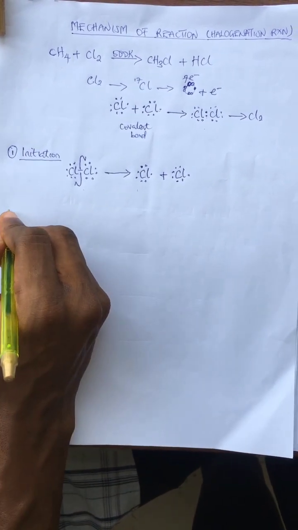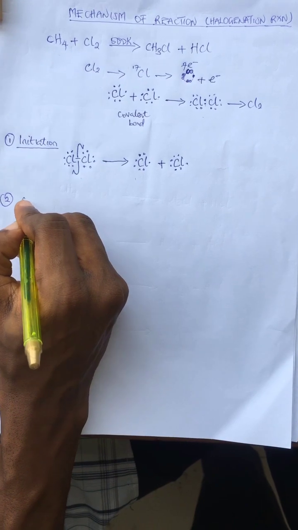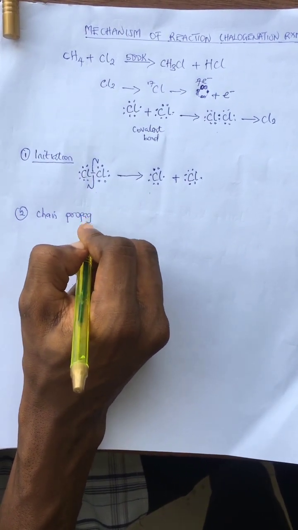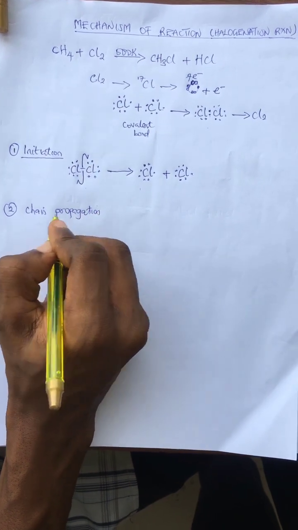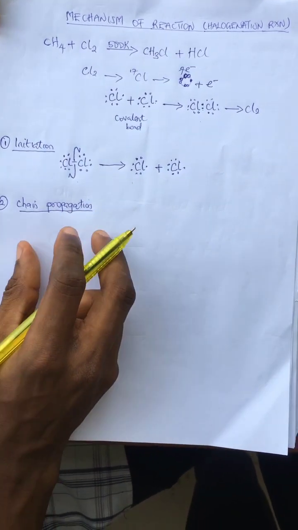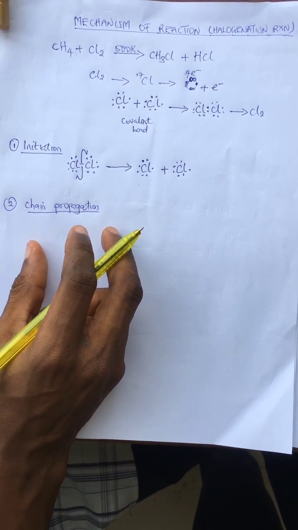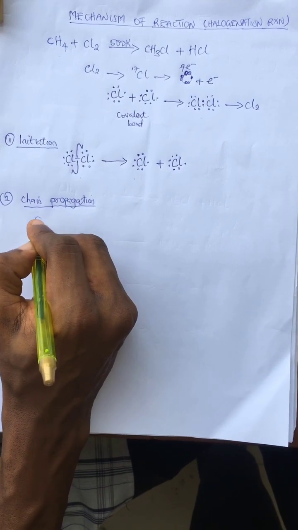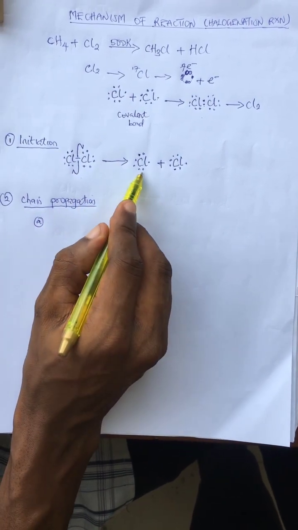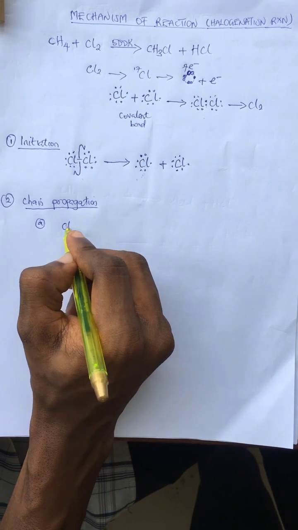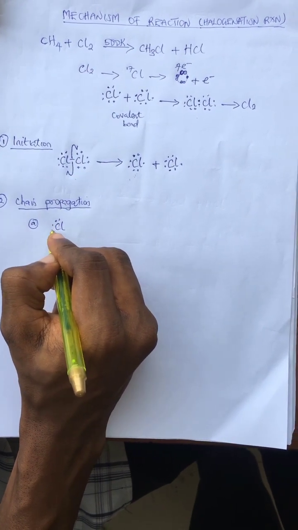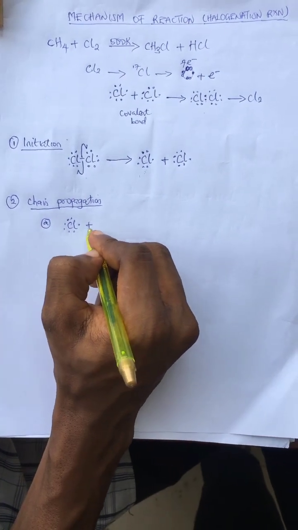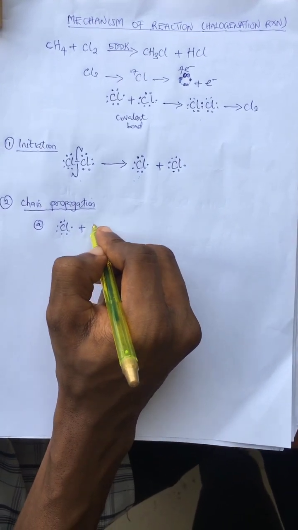And then the second step is what we call the chain propagation step. This step 2 is divided into 2 other steps. In the first step, our radical here, our chlorine atom, will react with our methane.